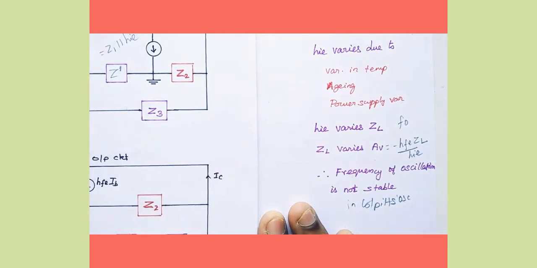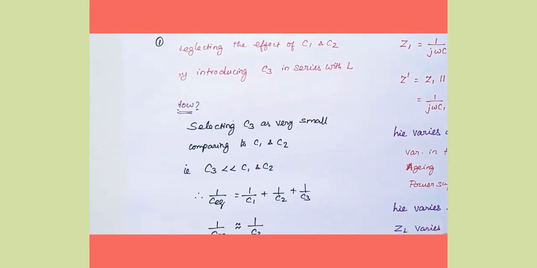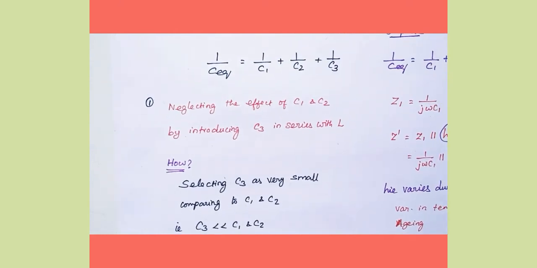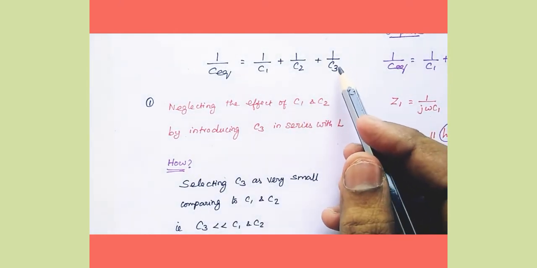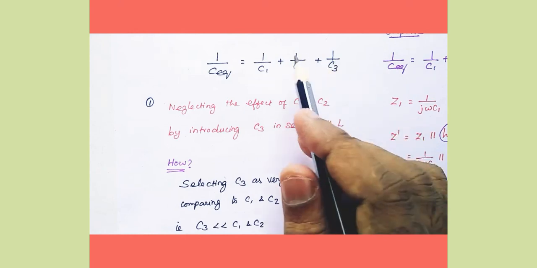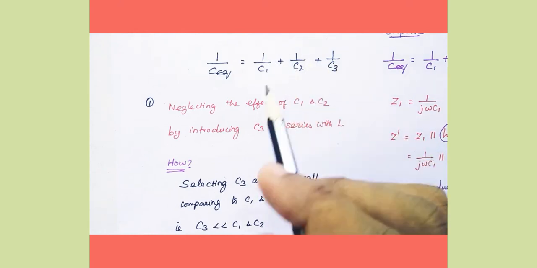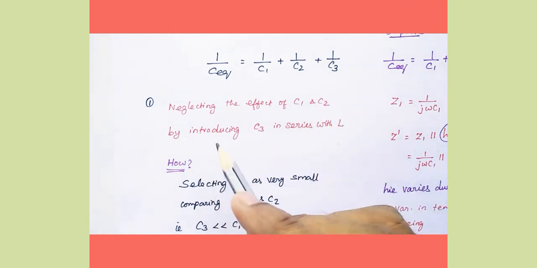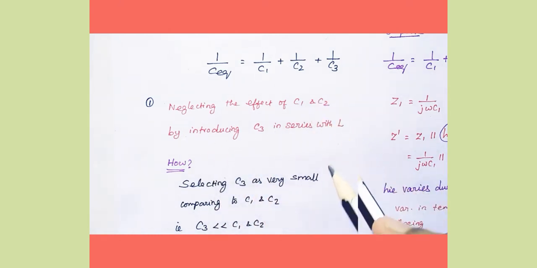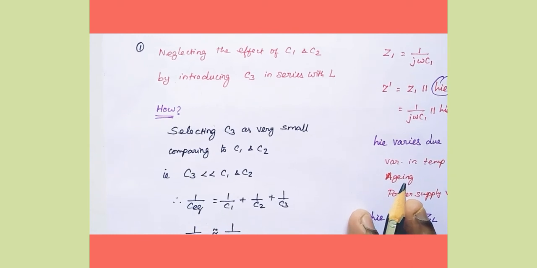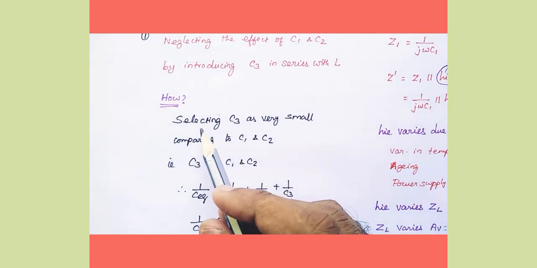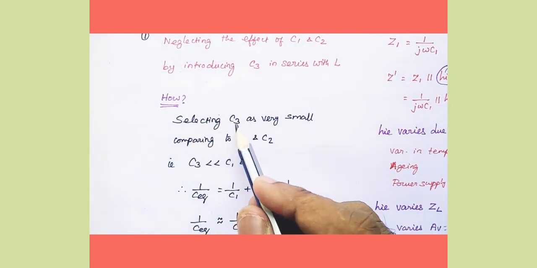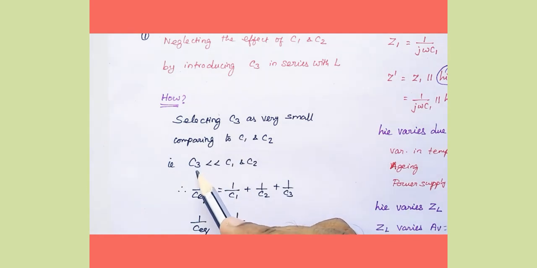Hence what we do in Clapp oscillator is, we include one more capacitor. This is going to dominate these two capacitances. So first, neglecting the effect of C1 and C2 by introducing C3 in series with L. Okay, how this dominates we'll explain now. We have to select C3 as very small compared to C1 and C2.